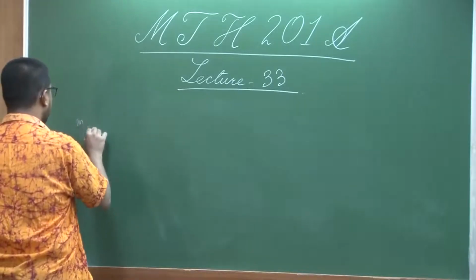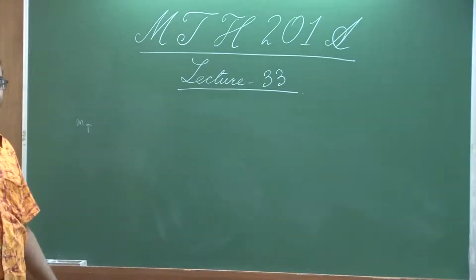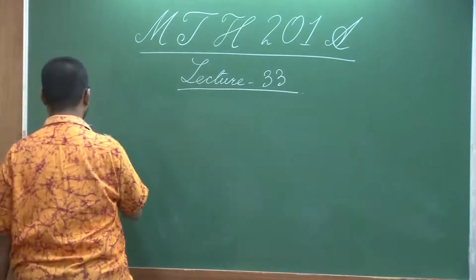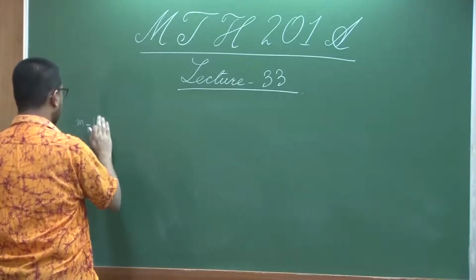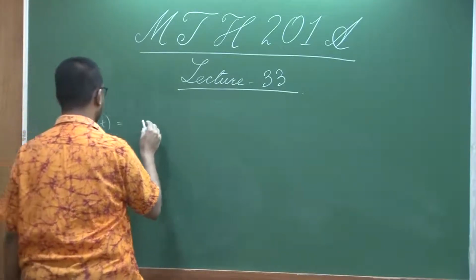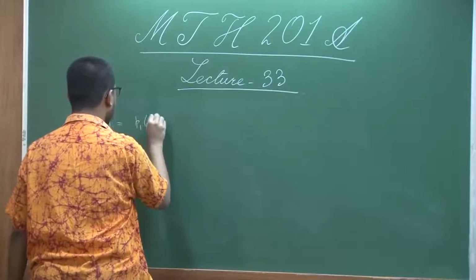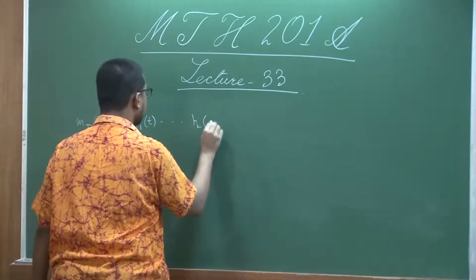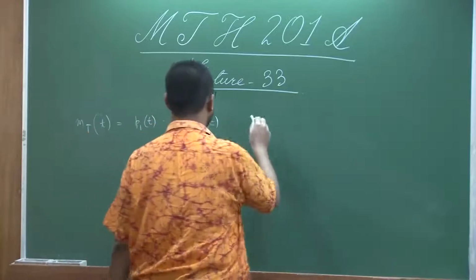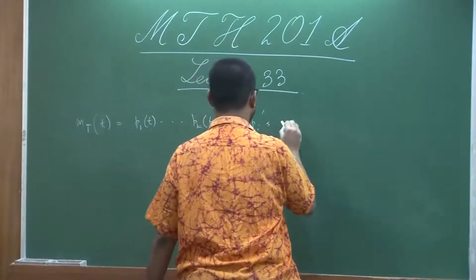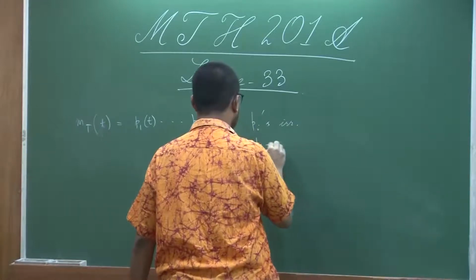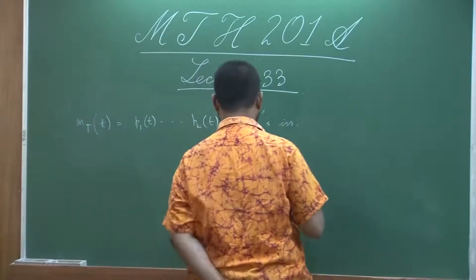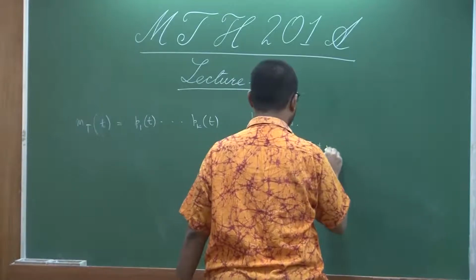So, we have the minimal polynomial for T, right. So, let this be the minimal polynomial for T. Let us say P1(t) up to Pk(t), these are the irreducible factors, and Pi is not equal to Pj for i not equal to j.